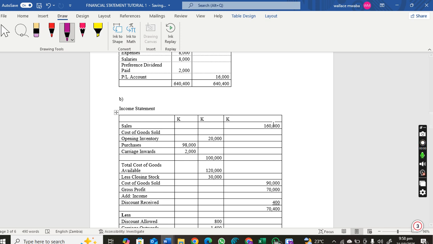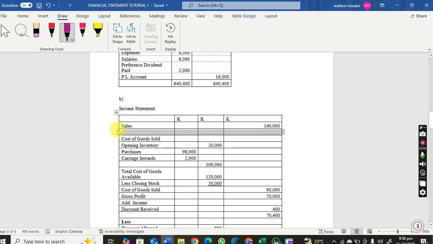You have a component which is also called return inwards. This is what we call sales returns. If you see any return inwards, you should deduct from sales.